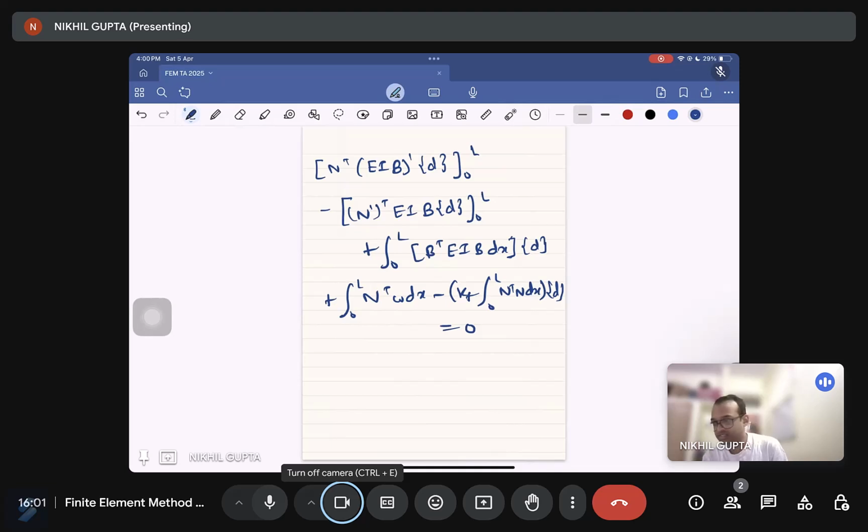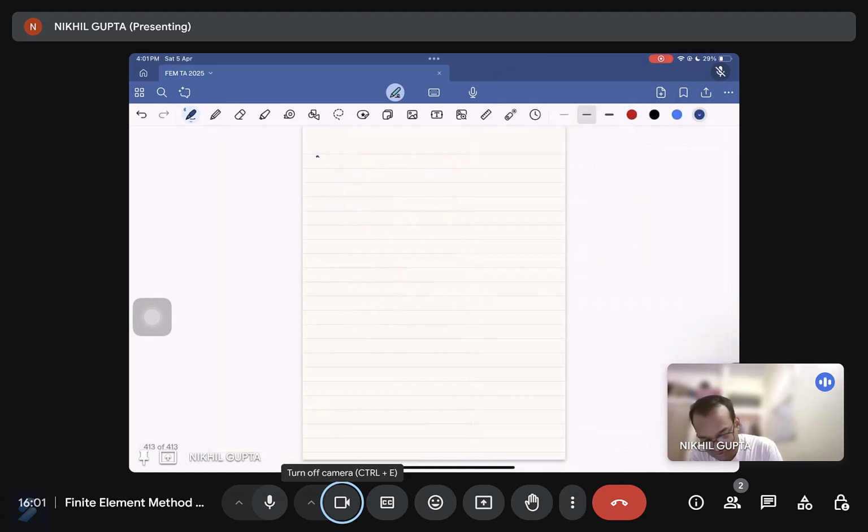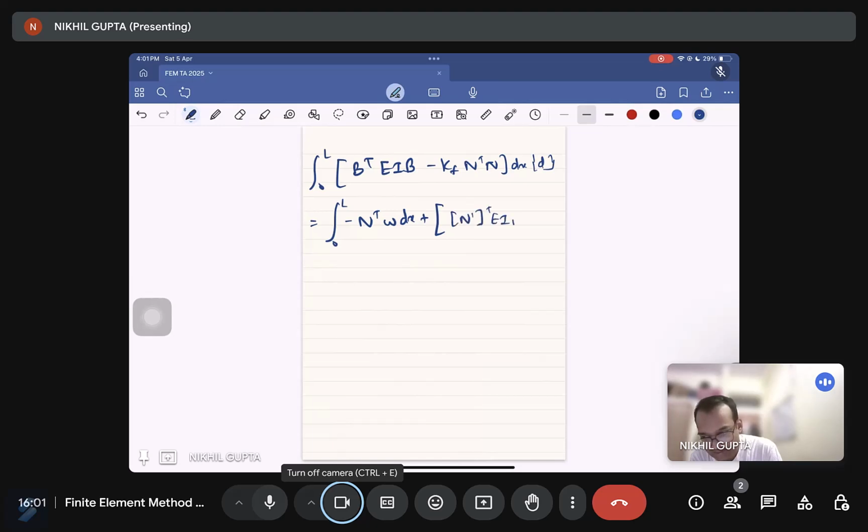Now you can write the terms in the form of B, so that will be the integral from 0 to L of (B transpose EI B minus kf N transpose N) dx d equals the integral from 0 to L of minus N transpose w dx, plus N' transpose EI B d from 0 to L, minus N transpose EI B' from 0 to L. Okay, so simple.